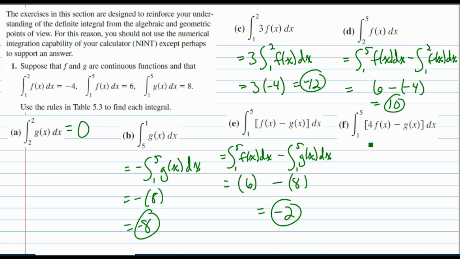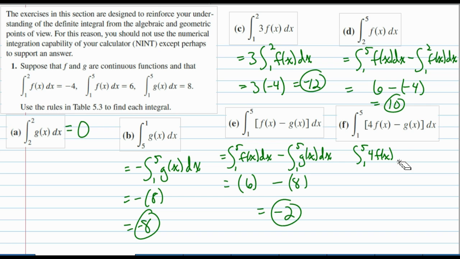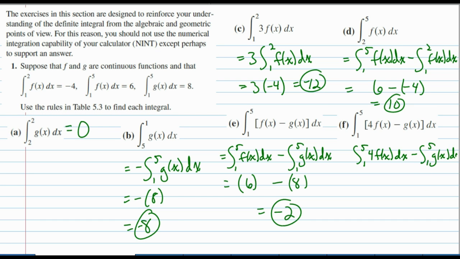And finally, part F. This is a several stepper here. The integral from 1 to 5 of 4f of x minus g of x dx. So I'm going to separate the f and g parts first. So that would be the integral from 1 to 5 of 4 f of x dx, not gx, minus the integral from 1 to 5 of g of x dx.